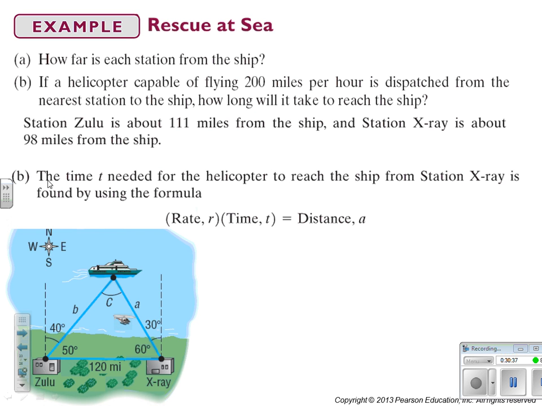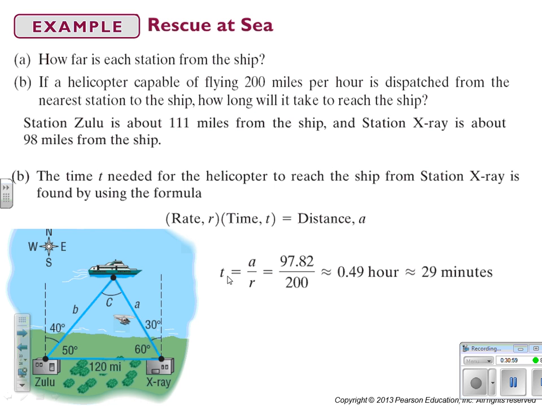So if we're going to send the helicopter from Station X-ray, we pick distance equals rate times time. We know our rate is 200 miles an hour. We don't know our time. We do know that the distance is 98 miles. We're going to plug that in.